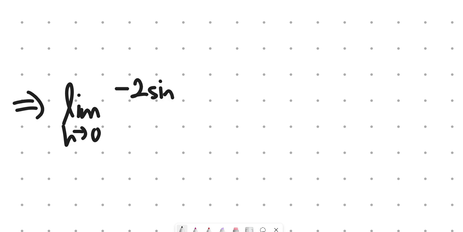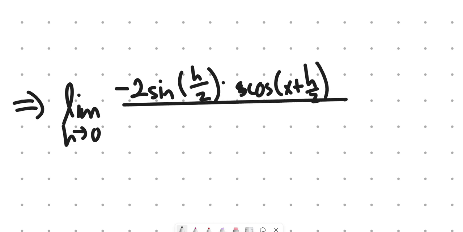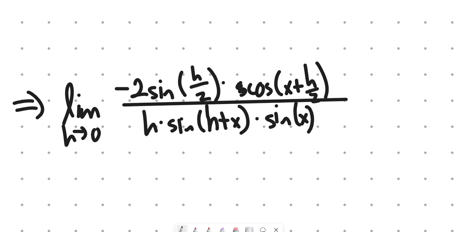So this will equal the limit as h approaches 0 of negative 2 sine h over 2 times cosine x plus h over 2, and the whole thing over h times sine of x plus h times sine of x.